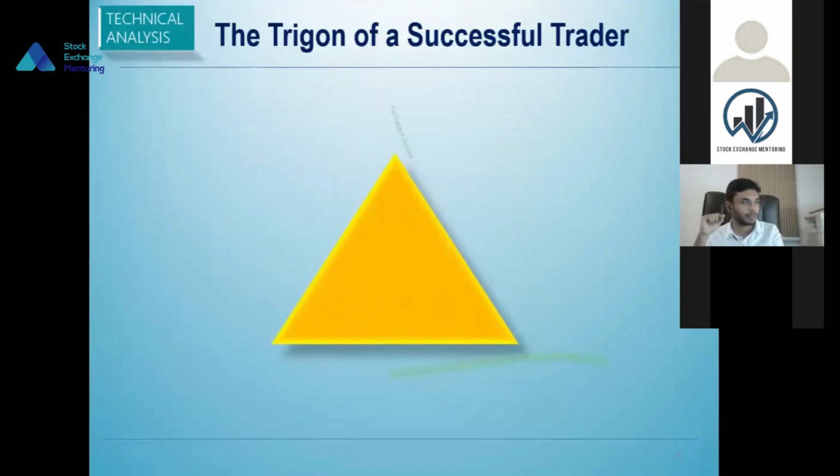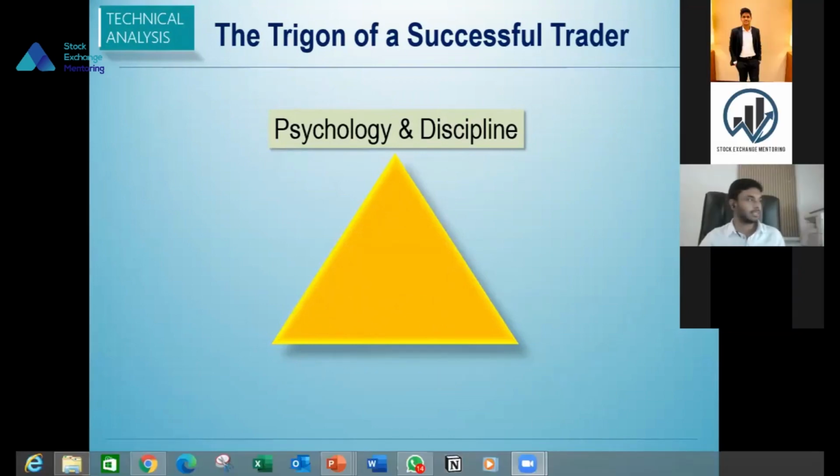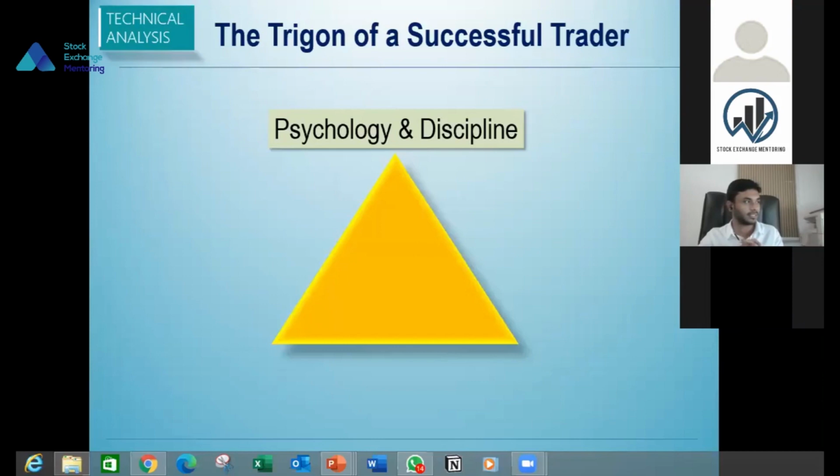Okay, so I will start with the number 1 thing, which is psychology and discipline. Most traders don't have this. The psychology and discipline aspect is very important, as it helps you keep in balance. Some traders have very good analytical skills and trading strategy, but when it comes to emotional balance, they fail when they encounter real market conditions.